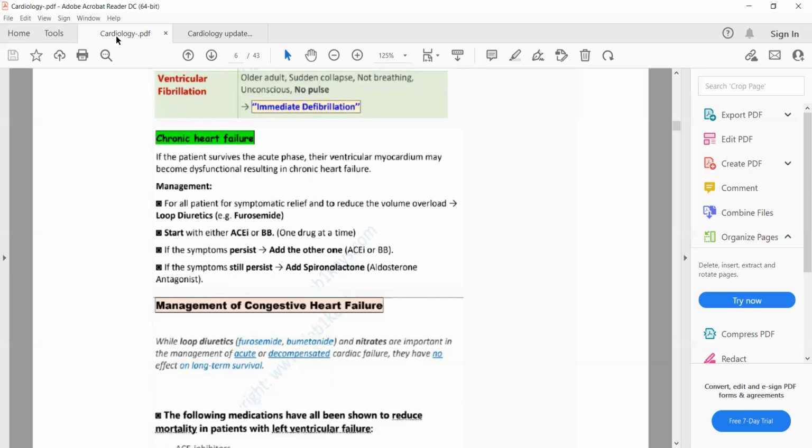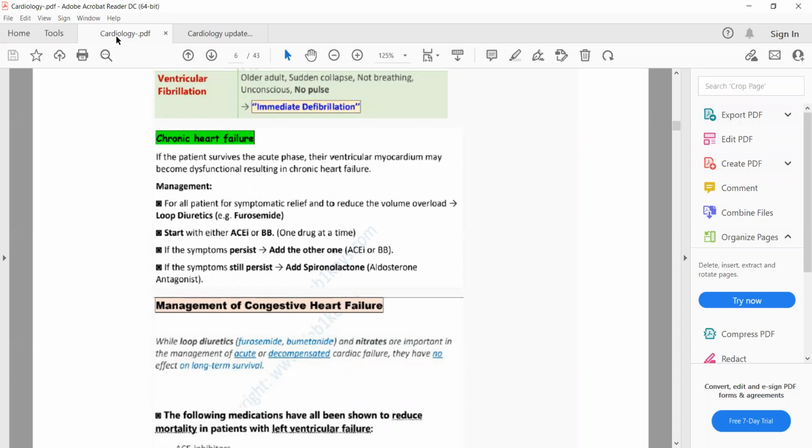And if the patient's symptom does not improve with only one drug, then we will add a beta blocker. And if the symptoms still persist, then we can add a third drug, which is spironolactone, an aldosterone antagonist. Remember that in heart failure, there are two compensatory mechanisms that are activated in the body.